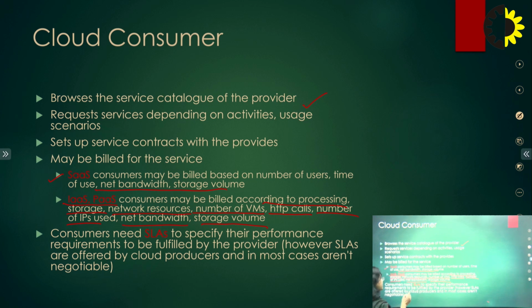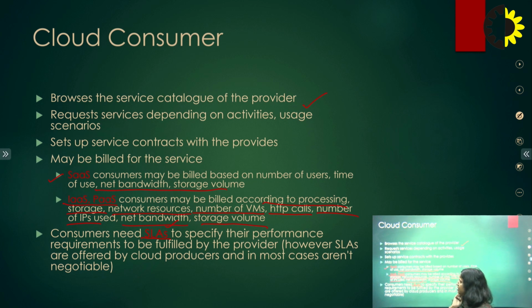The SLA is a very important part of the cloud computing reference architecture. The full form of SLA is service level agreements. When there is a contract between the cloud consumers and the cloud providers, the SLA performs its task, so it plays a very important role.